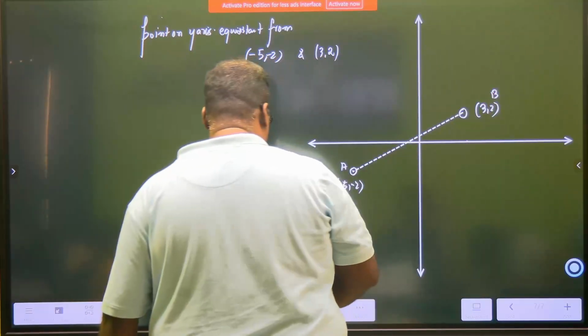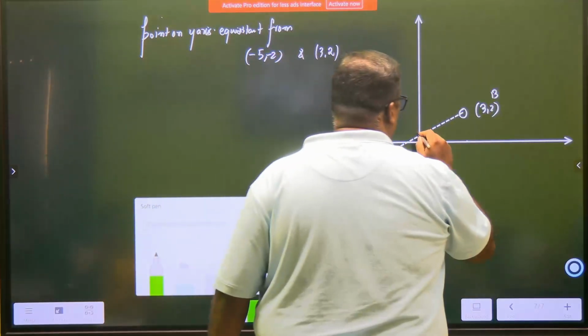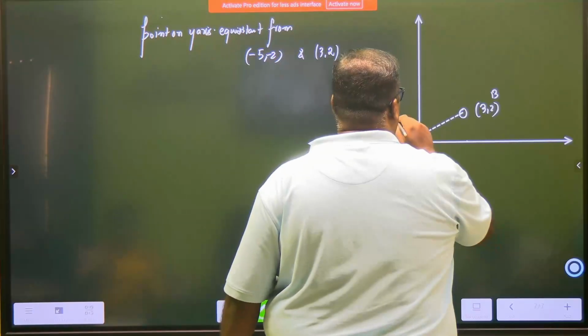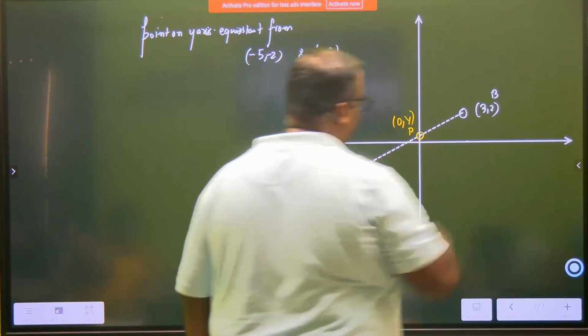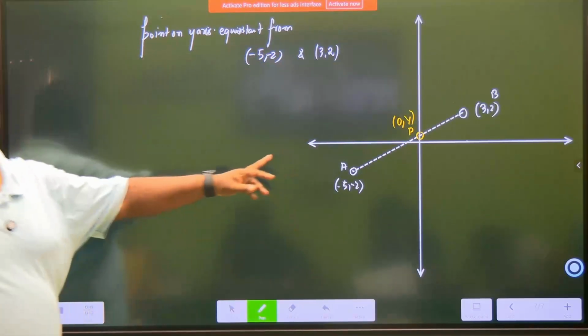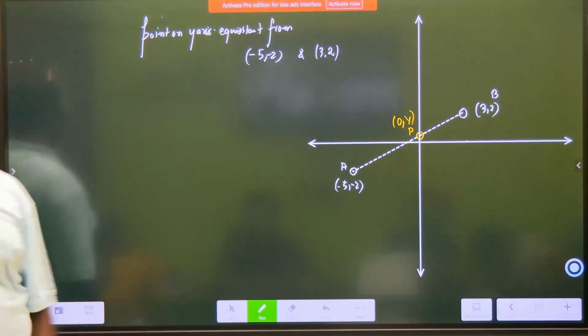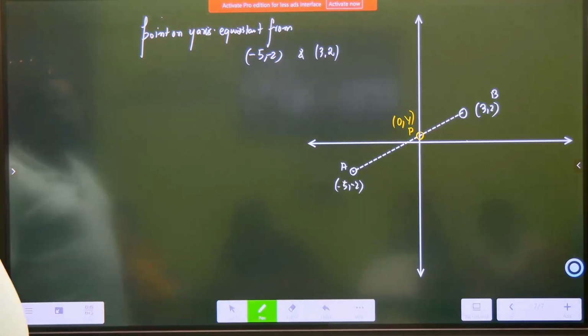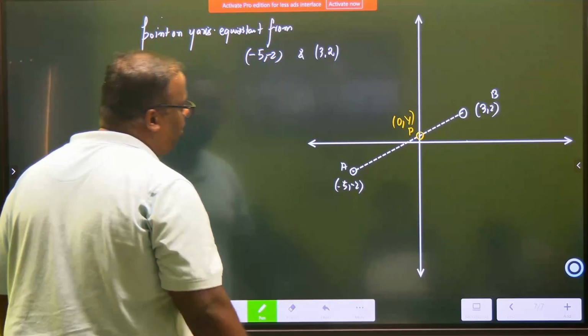Find the point on the y-axis. So the point on the y-axis is this P, and P's coordinate is (0, y). Understood? On the y-axis it will be (0, y); on the x-axis it would be different. Apply the distance formula.